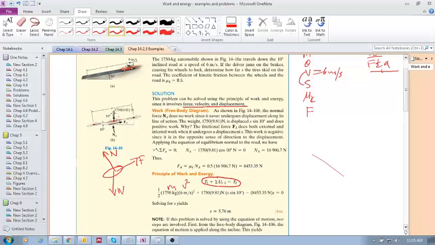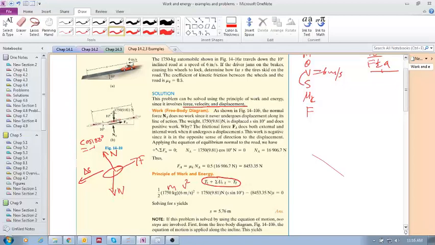If this is moving in that direction, the friction force will do negative work because cos of 180 is minus 1. The displacement delta S is in that direction and the force is in the opposite direction, so there's negative work done by this force.